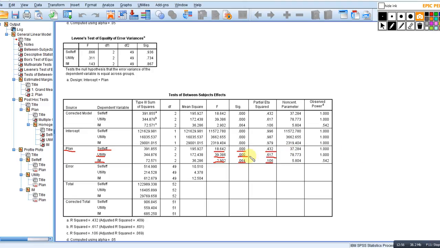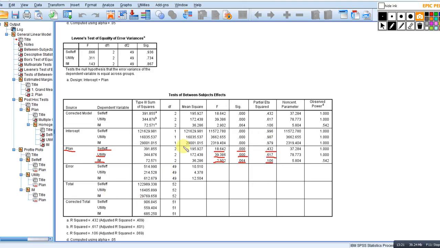Keep in mind that when I'm using alpha at 0.05, I'm using it as a conventional standard. There are plenty of cases where you might increase or decrease alpha depending on circumstances related to your test, but the conventional threshold is 0.05, and so I'm maintaining that for these analyses.